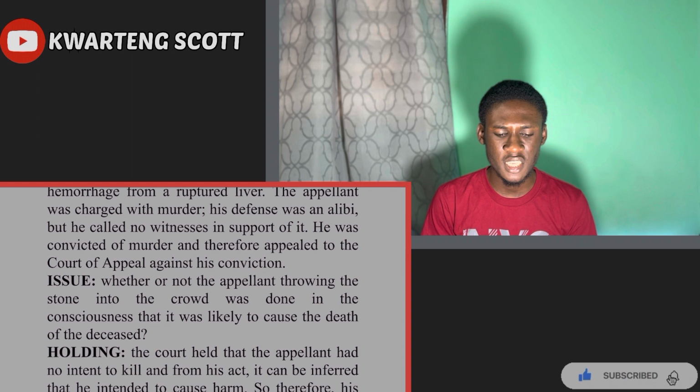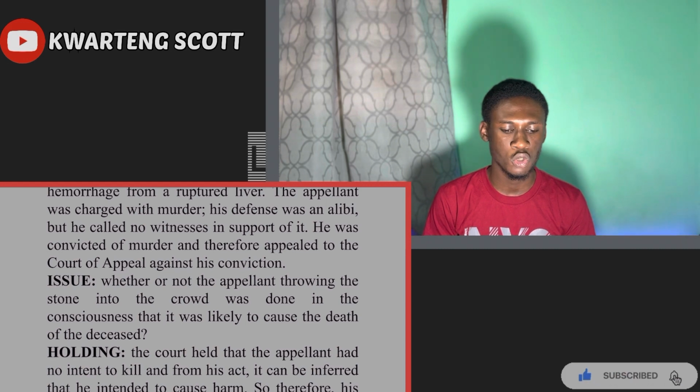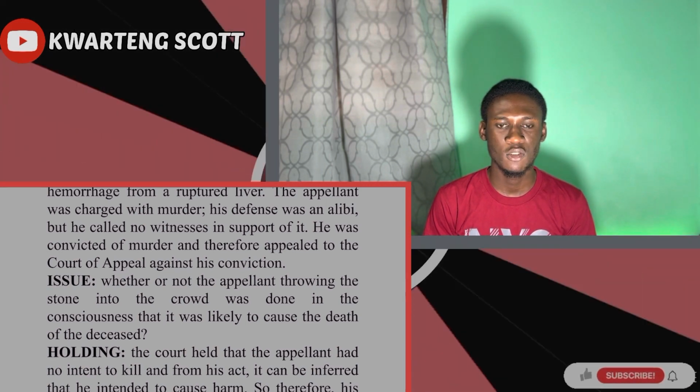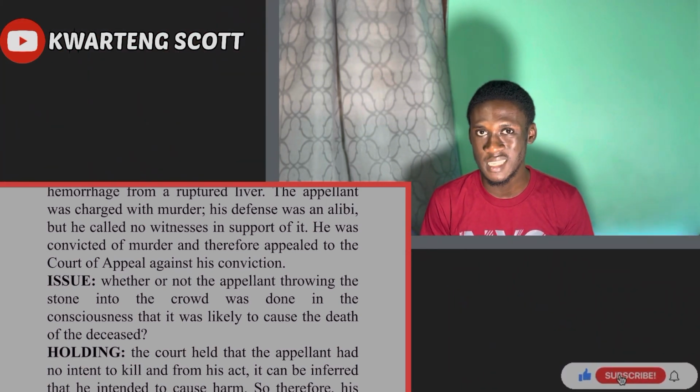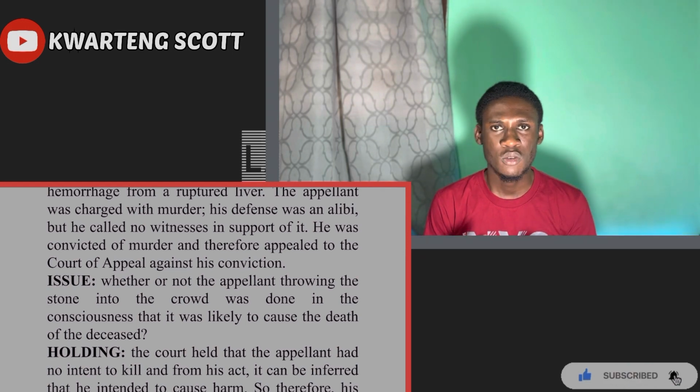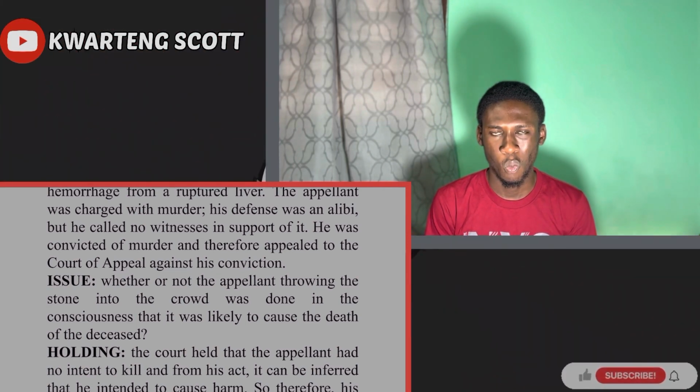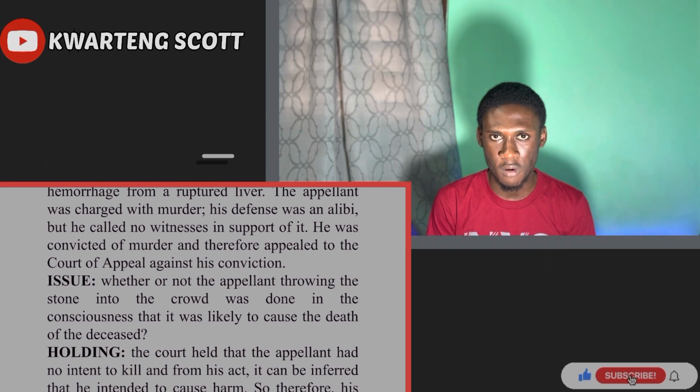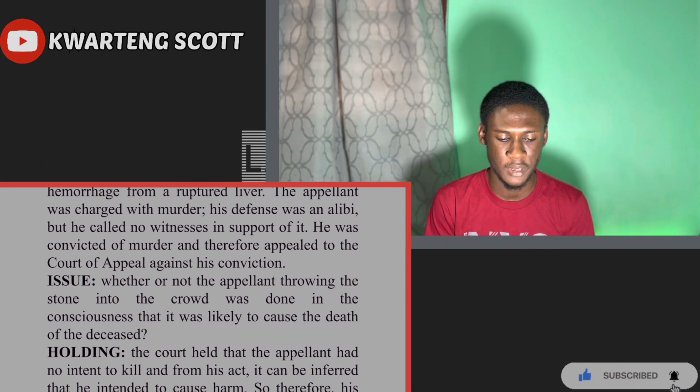The issue is whether or not the appellant throwing the stone into the crowd was done in consciousness that it was likely to cause the death of the deceased. So, did the person know that throwing the stone was going to cause the death of the deceased?